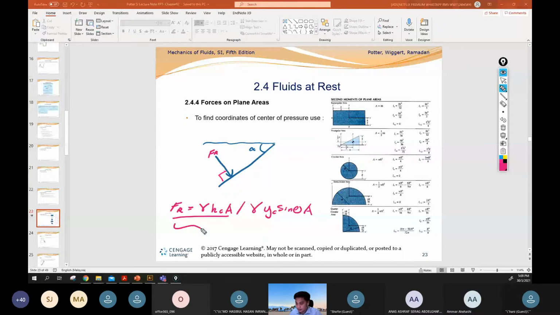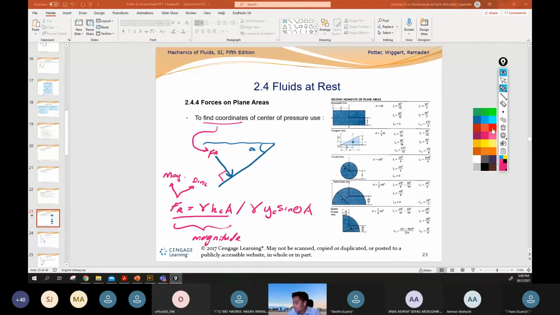This is the magnitude. Remember, is force a vector or a scalar? Vector. So a vector should have magnitude and direction. Direction means the position. So this is what we learned previously to find the coordinate of Fr.